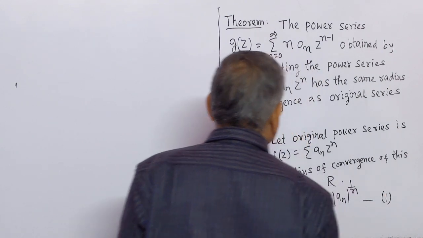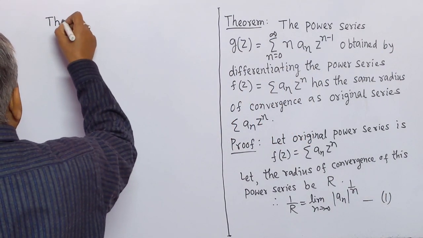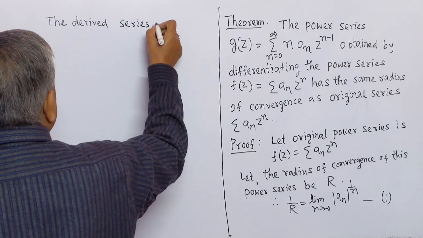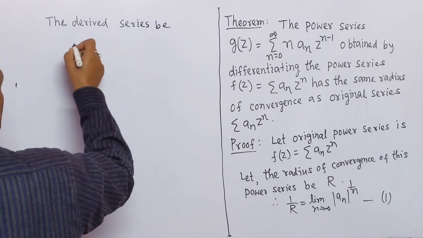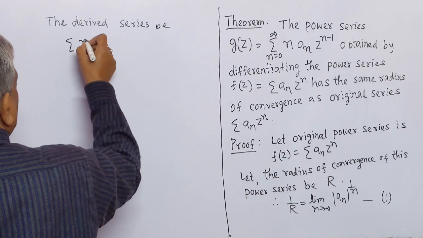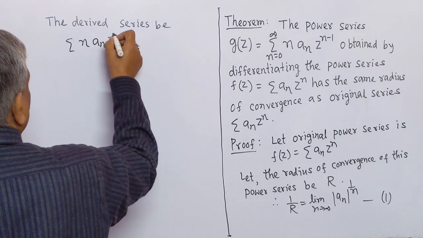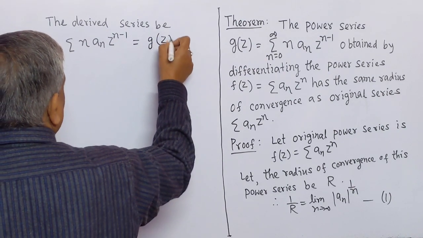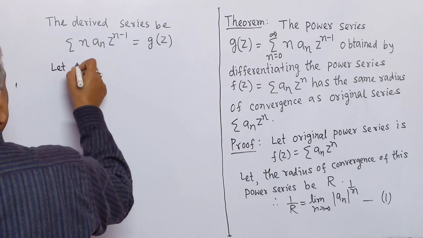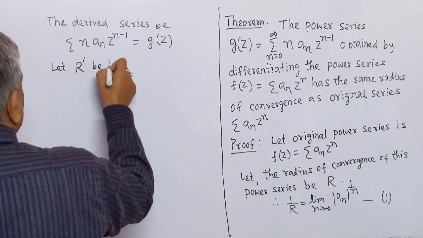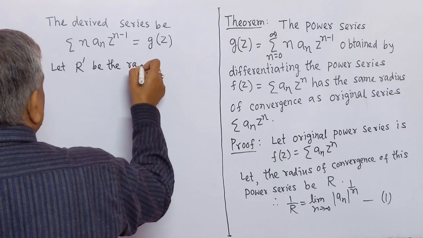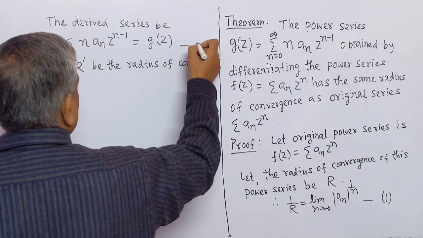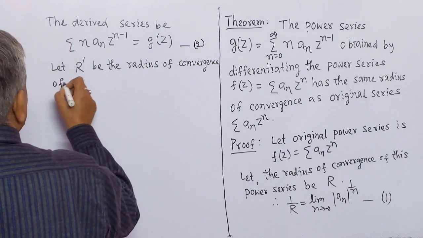This is number 1. The derived series be sigma n a_n z^(n-1). Let this be g(z). Let r prime be the radius of convergence.